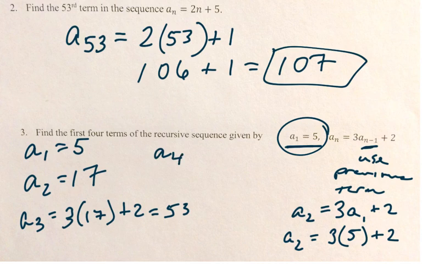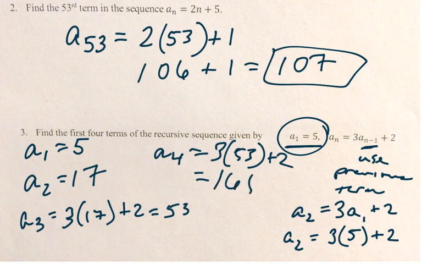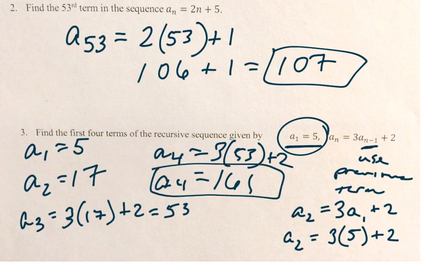And a sub 4 is going to be 3 times our previous term, 3 times 53 plus 2. 3 times 53 is 159, plus 2 would be 161. So a sub 4 is 161. So just keep track of the recursive sequences. They'll always give you that starting value.